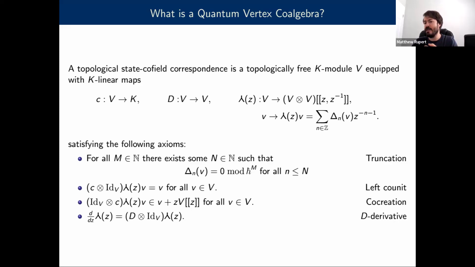If you go through them, you can see exactly how these are inspired by the axioms of a vertex algebra. They're pretty closely related. And in the truncation axiom, this sequence delta n of v goes to 0 as n goes to negative infinity in the H-adic topology instead of positive infinity. So our cofields are Laurent series in Z inverse, not in Z.